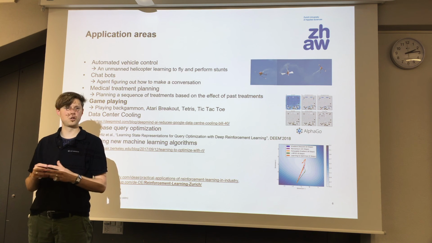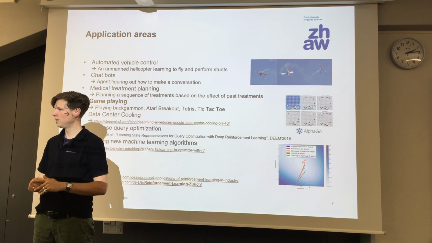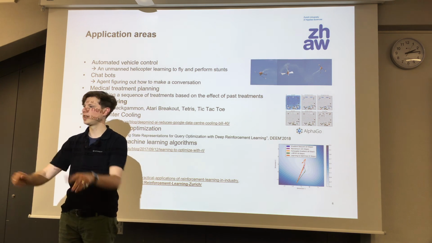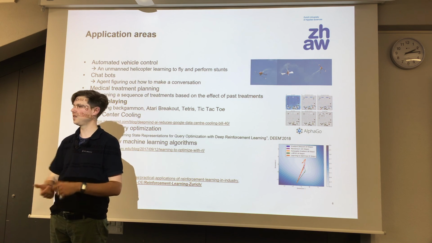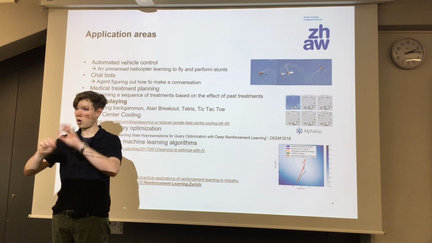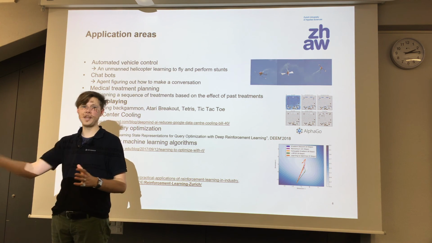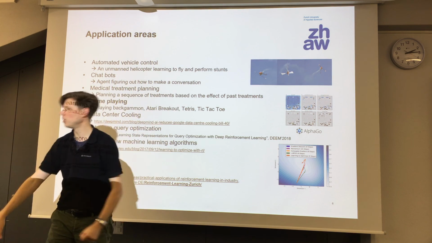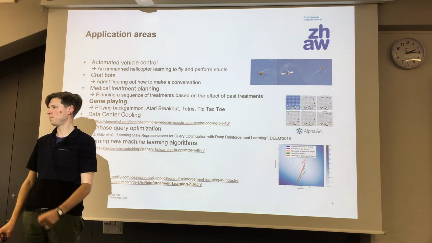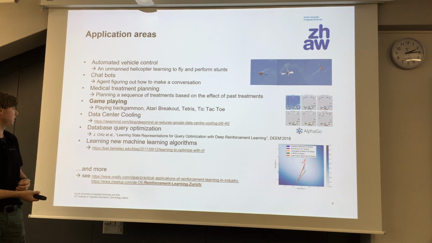Rumor has it that Google originally paid $500 million for the company DeepMind, which just did some reinforcement learning on games. And with this one application of a more efficient data center cooling strategy orchestrated by a reinforcement learning model, they saved money in much higher numbers than they originally paid for the company. So there's lots to gain out of it.